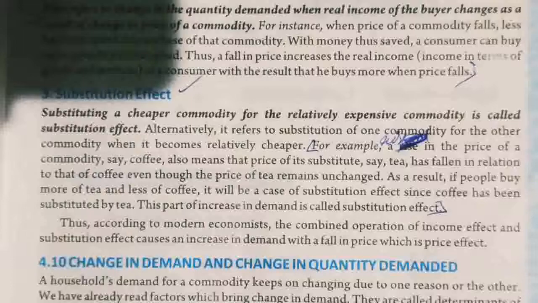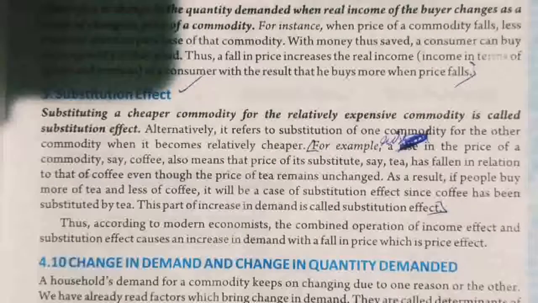Say for example, a rise in the price of a commodity, say coffee, also means that the price of its substitute, say tea, has fallen in relation to that of coffee, even though the price of tea remains unchanged. As a result, if people buy more of tea and less of coffee, it will be a case of substitution effect since coffee has been substituted by tea. This part of increase in demand is substitution effect.